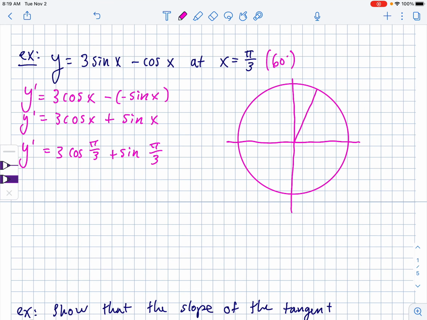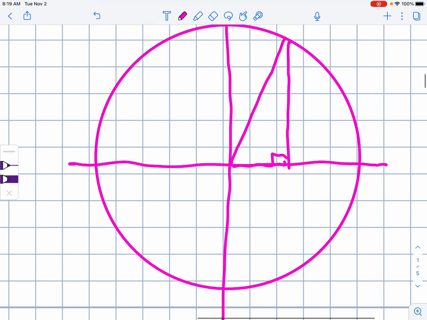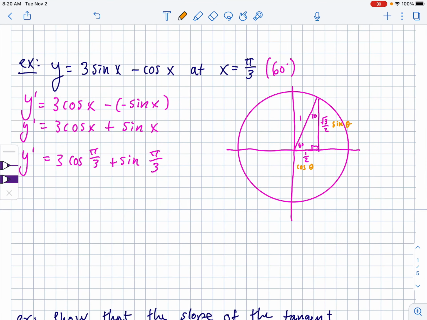So, if I fit a 60-degree angle here into the first quadrant, this is a 30, 60, 90 triangle, where this is 60, this is 30. The hypotenuse is always 1, and across from the 60 is root 3 over 2, and next to the 60 is the 1/2, or across from the 30 is the 1/2. Now, the bases of your triangles are your cosine values. This is cosine of theta, and this is sine of theta.